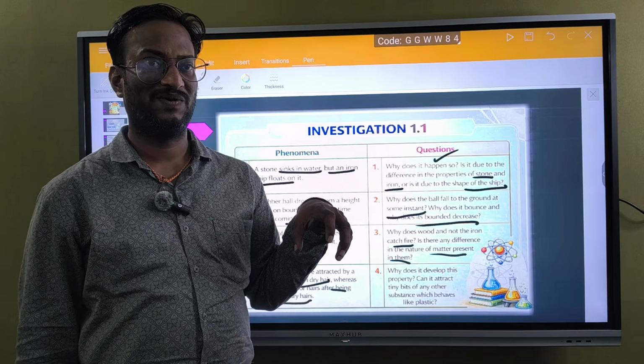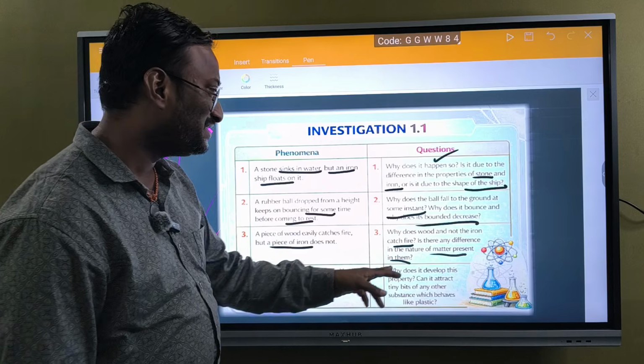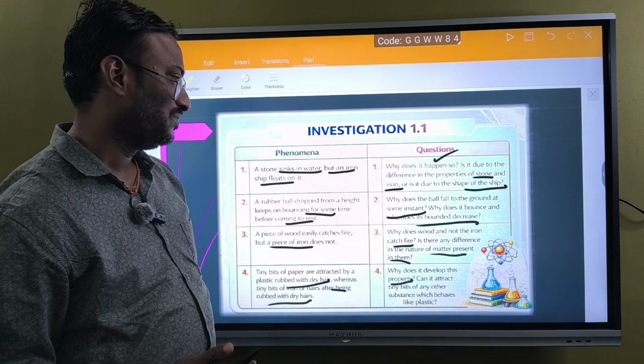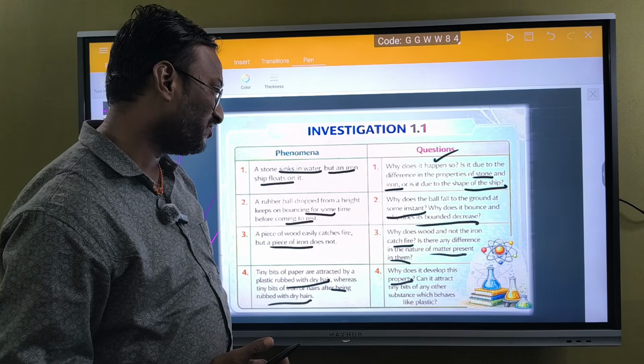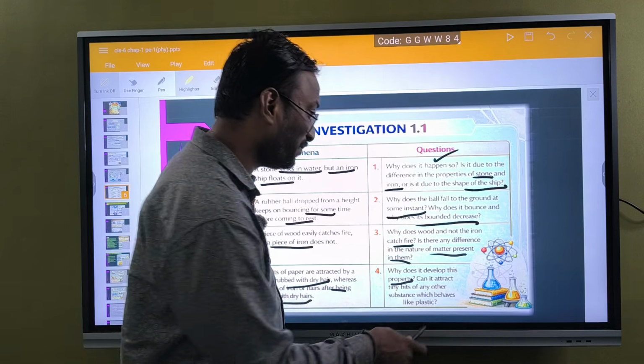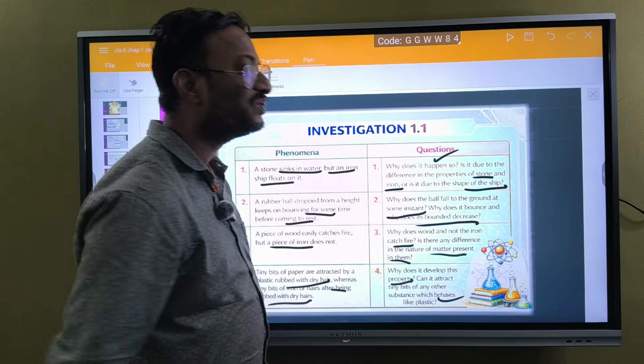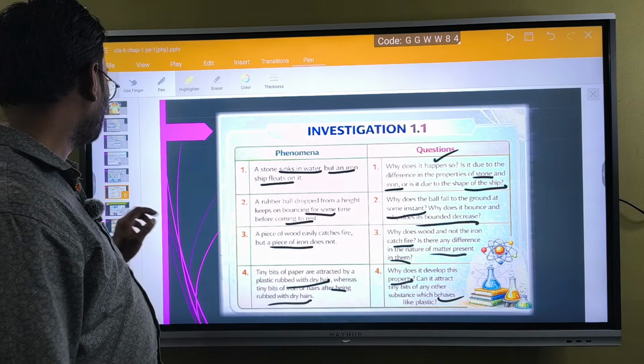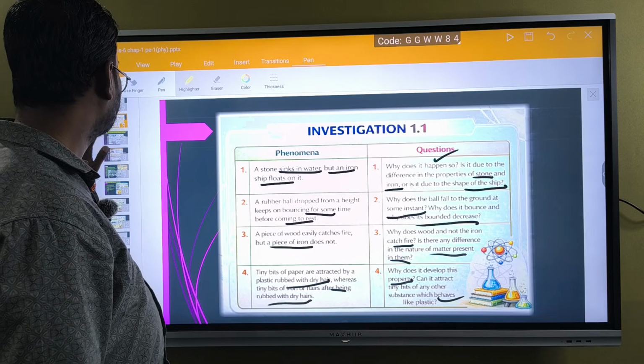Why does it develop this property? Can it attract tiny bits of any other substances which behave like paper? So these are the questions which we are going to get in the case of investigation.